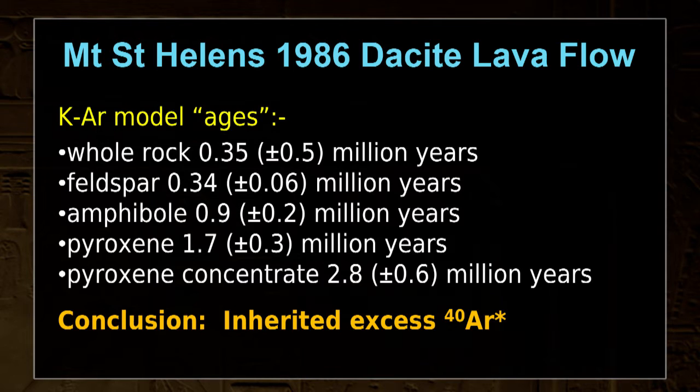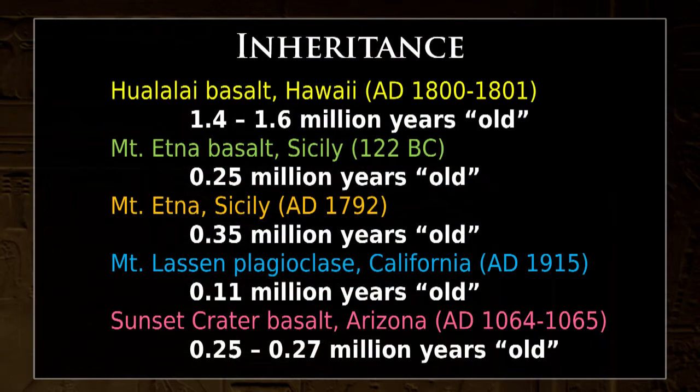And so this is well known in the scientific literature. In fact, there are numerous examples of lava flows, not only in Mount St. Helens, but in Sicily, in other parts of the world, Hawaii, where we've observed historically the eruptions, and then the rocks have been dated using potassium argon and given erroneous ages, sometimes millions and millions of years older than the true age of the rock.